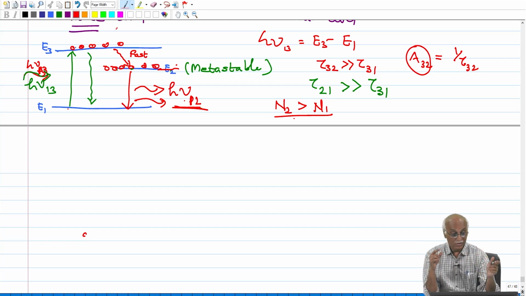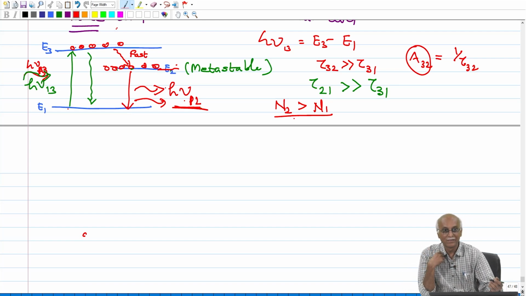However, I will have to pump so much energy that the population at N1 becomes less than half of its original population, and only then is there a competition between N2 and N1.